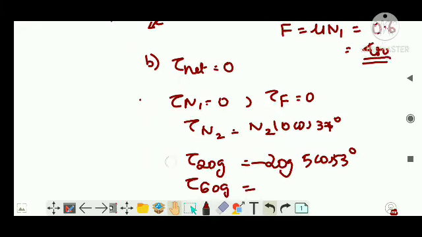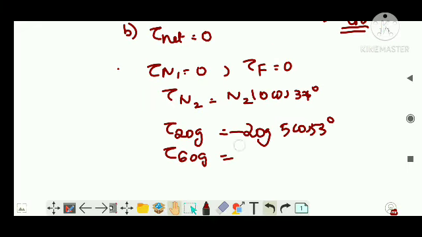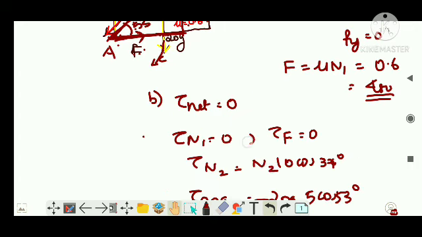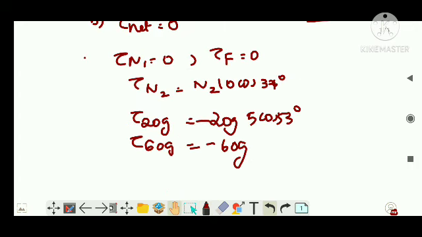Similarly, 60G also causes clockwise motion, so I write it as negative. The force is 60G. What is the perpendicular distance from the axis of rotation? This distance I have to find, which is x, so the perpendicular distance is x cos 53 degree.